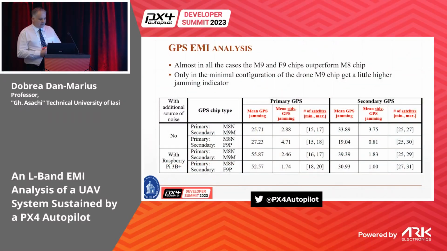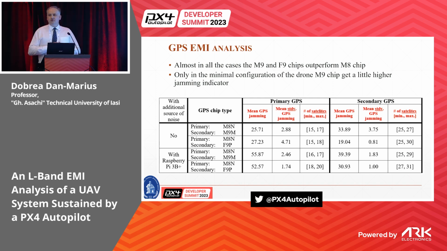And you have the result here, and you'll see that basically in all the cases, M9 and F9 outperform the M8 chip. What this tells you is that if you have the previous results of the telemetry channels or the development board, and you use another type of GPS receiver, the results will be better, mainly because, for example, in the M9 case, you'll get information from a larger number of satellites, as you'll see in the last column there.